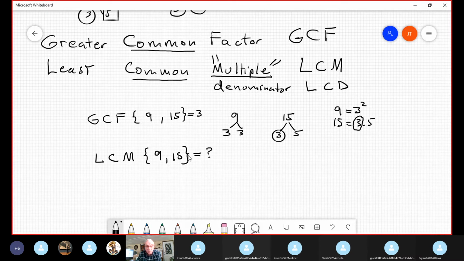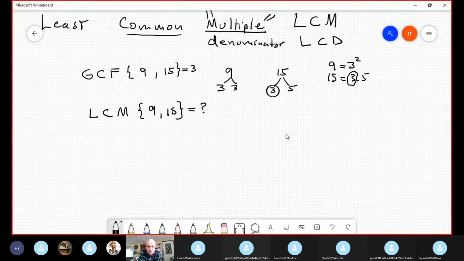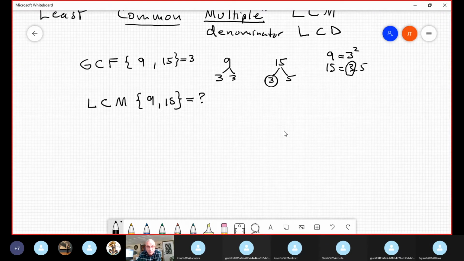A multiple of 9 is 18 when you multiply by 2, 27 when you multiply by 3, 36 when you multiply by 4. So what is the idea? I want to explain the idea, and after that the shortcut to find the LCM or LCD in 1 second. For 9 and 15, this is multiplication by 1.